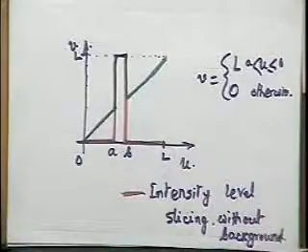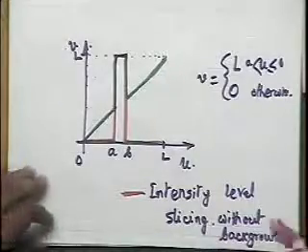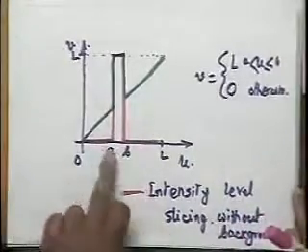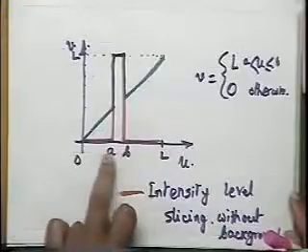So by destroying the background, we can have an intensity level slicing in the range of A to B, and this is exactly what we did over here. This is intensity level slicing without background.